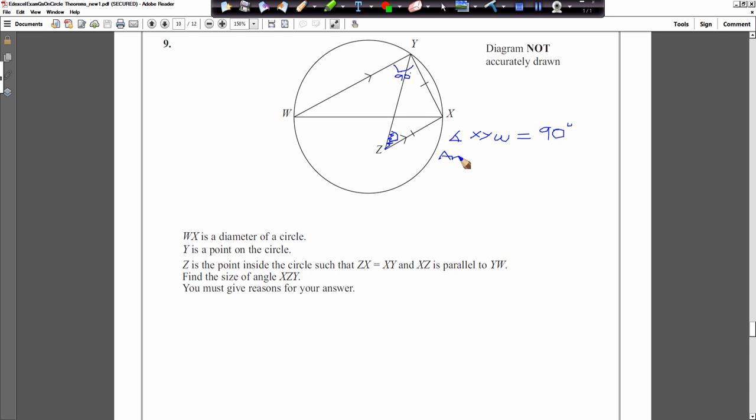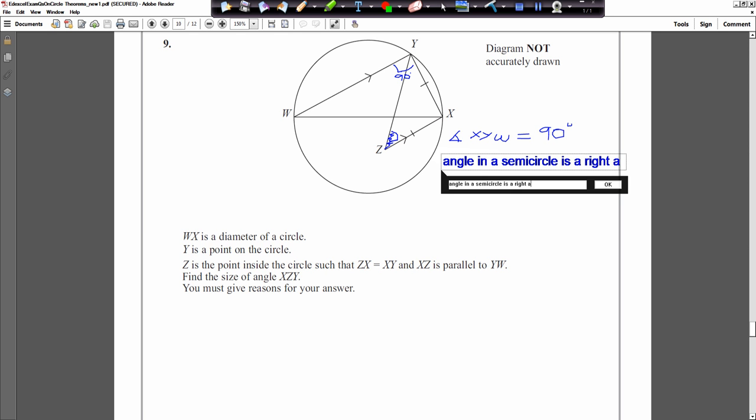And that's why it's 90. Okay, angle in a semicircle. And that will do for that. And that's the reason. Okay, what else do we know?